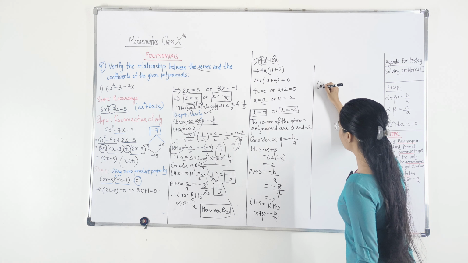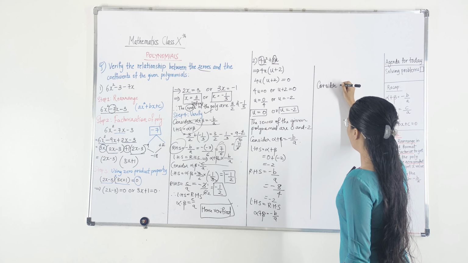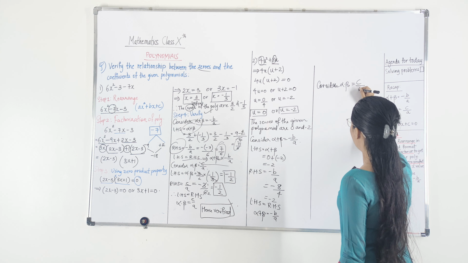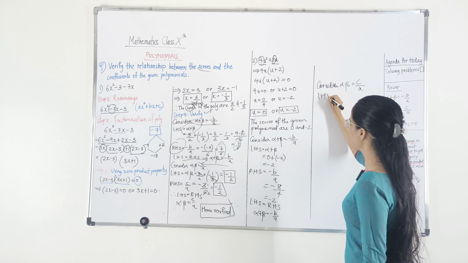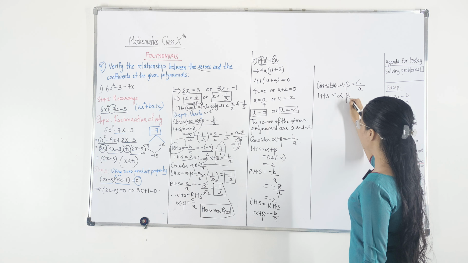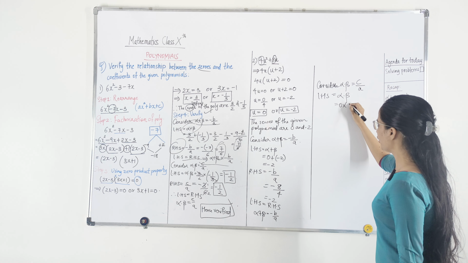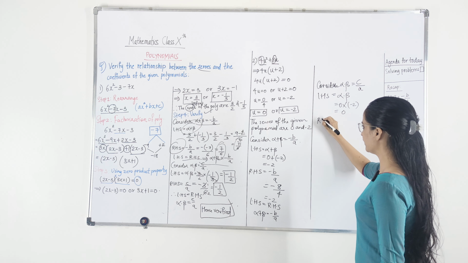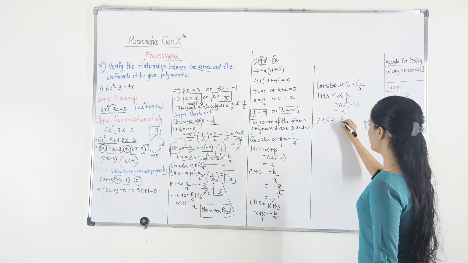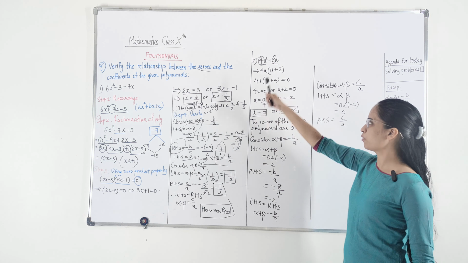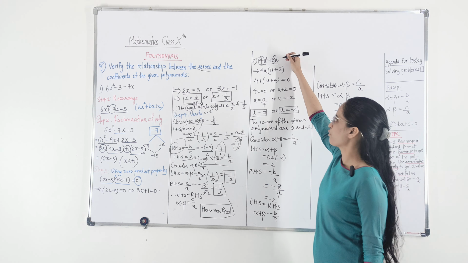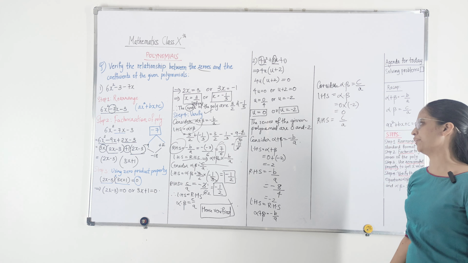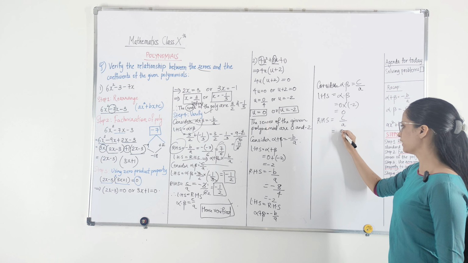Now similarly, you're going to consider alpha into beta equals c by a. LHS of this equation is alpha into beta, so that would be 0 into minus 2. Anything multiplied by 0 is 0. Now let's consider the RHS. It's c by a. Do we have a constant term over here? If nothing is there, it means of course there is 0. Whether you write 0 or you don't write 0 doesn't matter, right? So your c in this case is 0.